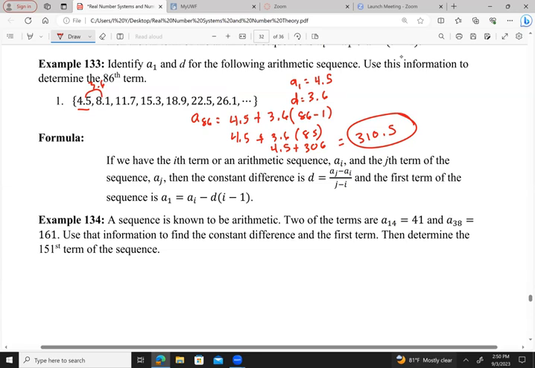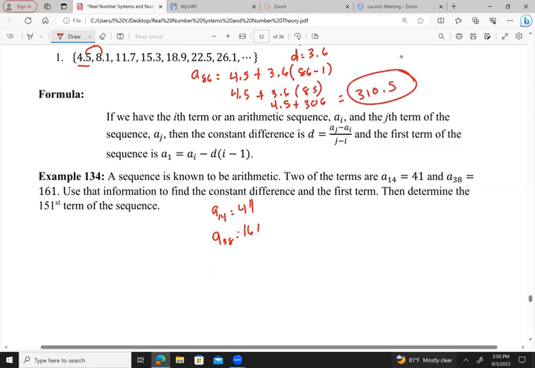The sequence is known to be arithmetic. Two of the terms are a sub 14 equals 41 and a sub 38 equals 161. Use this information to find the constant difference and the first term, and then find the 151st term.